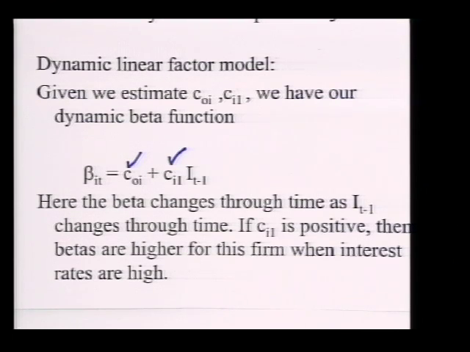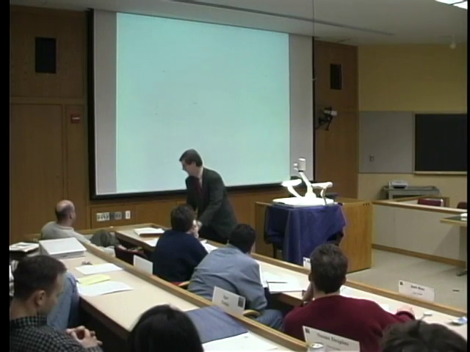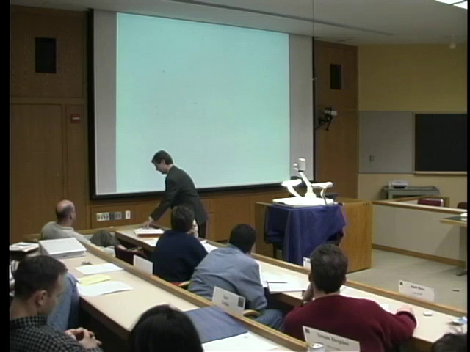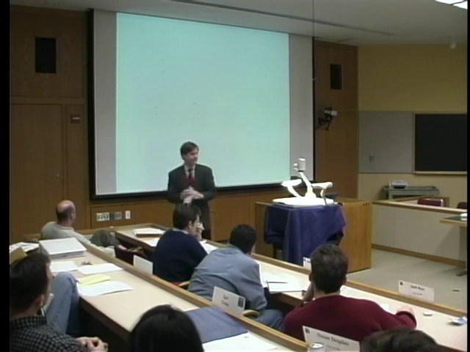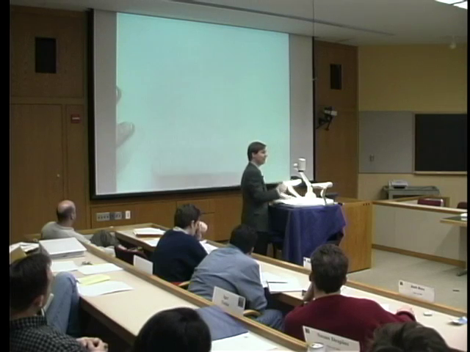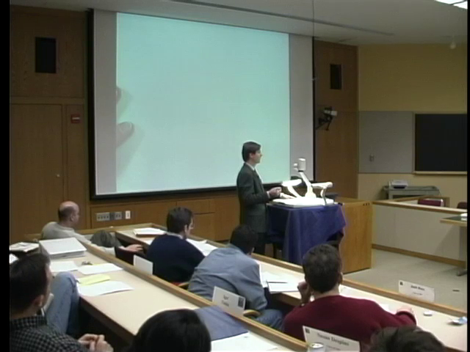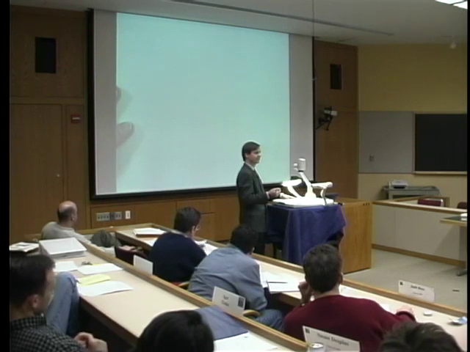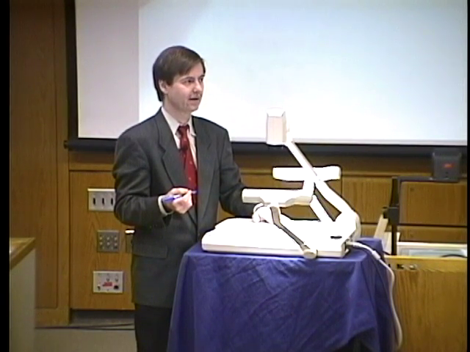There are other things we can do that we've already mentioned, and let me go to one of those. We talked about maybe the beta is different in recessions versus expansions. So how would you actually get that into the regression?